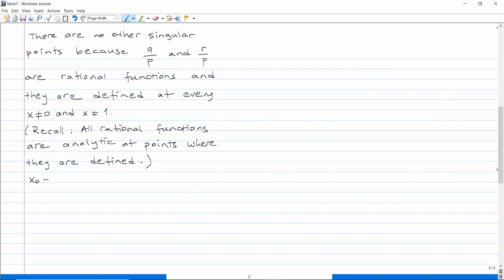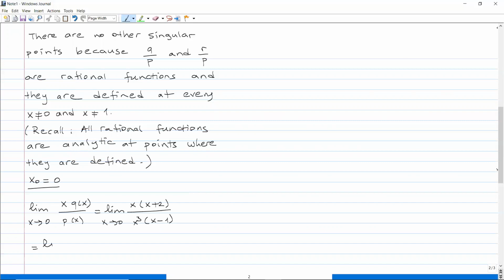So first, let's take the singular point 0. We need to check the limit as x approaches 0 of x times the function q over the function p. So x goes to 0, x times, what is q? The function q is x plus 2, and the function p is x cubed times x minus 1.